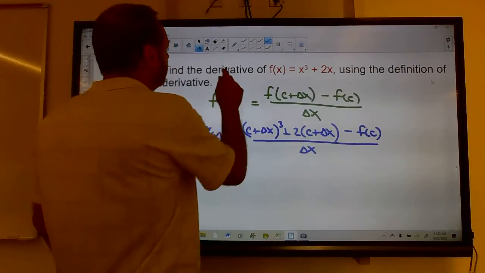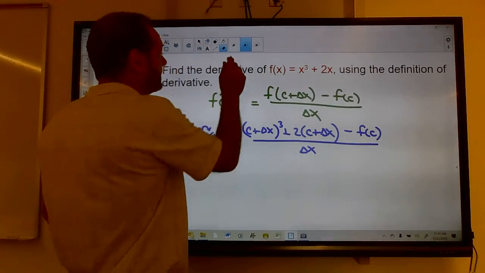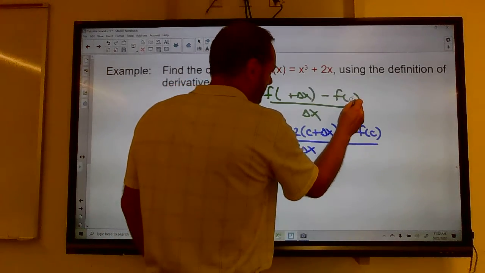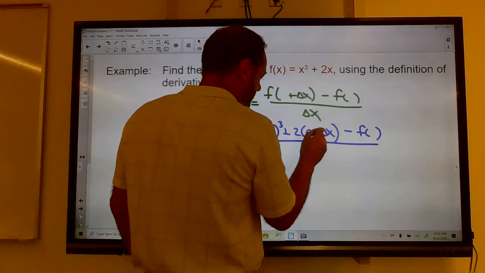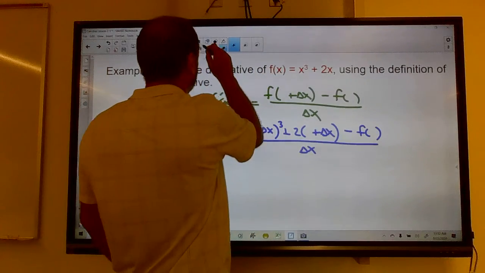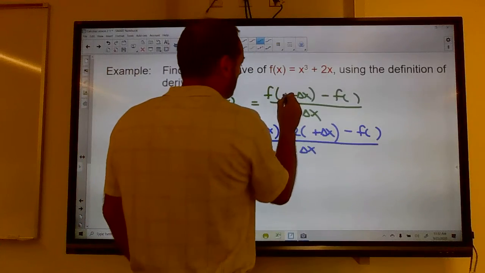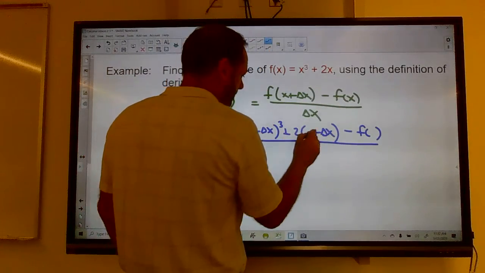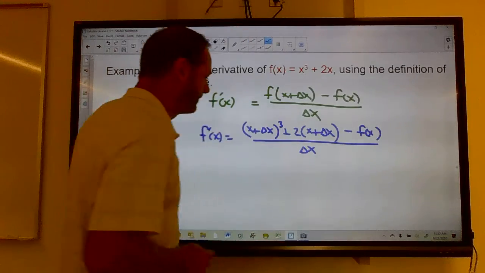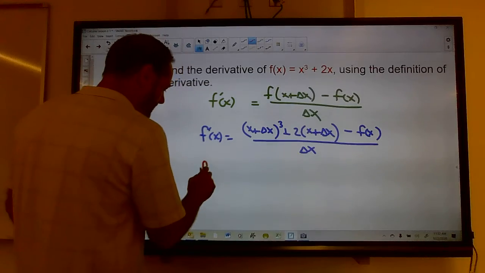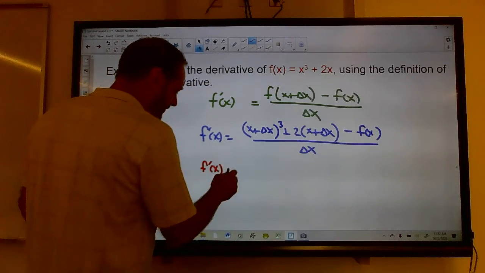On this one, since we don't have a particular c that we're going to use, I'm going to just leave x in all these places because it's going to be a general equation. So f prime of x.